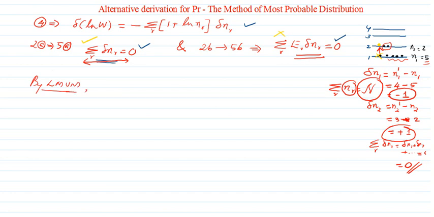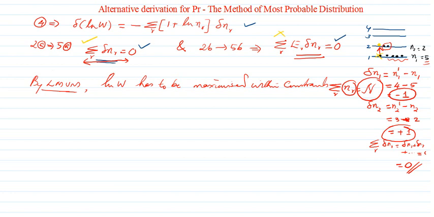So we are going to maximize log w. For that, log w has to be maximized within the constraints, or without violating the constraints. Now for that, we will be defining a new function.